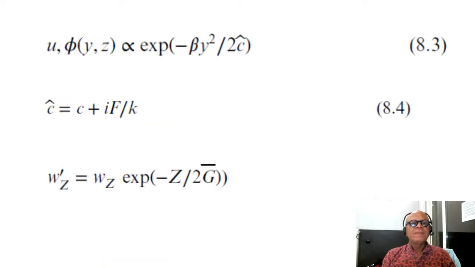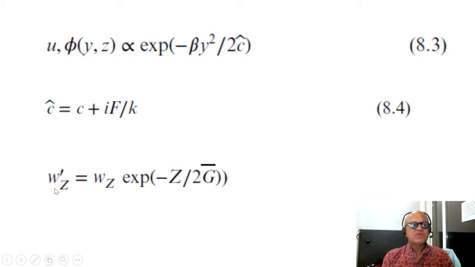Okay, so we are looking for u and geopotential proportional to exponential of minus beta y squared over 2 c hat, where now c hat, because of this friction added, is a complex function. So you have a complex entity.